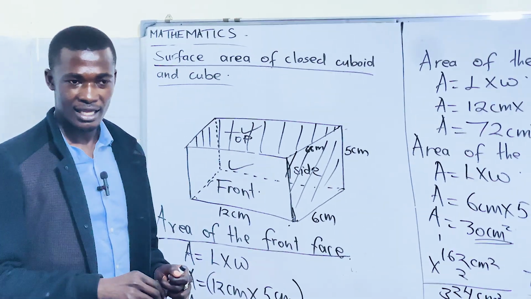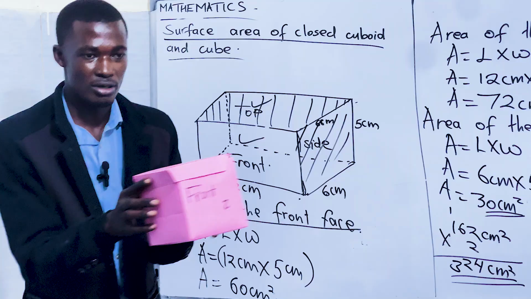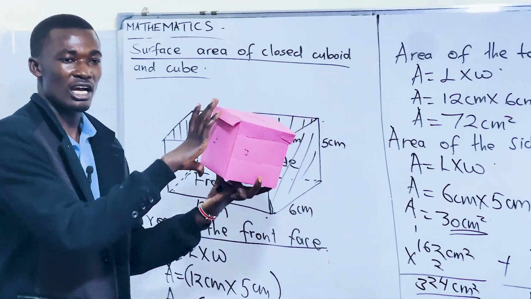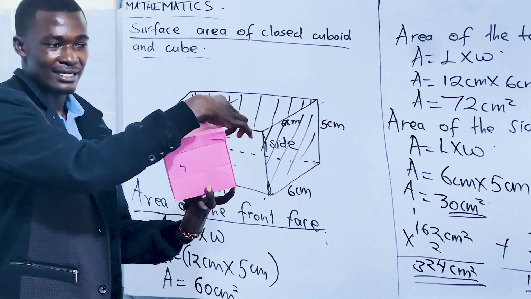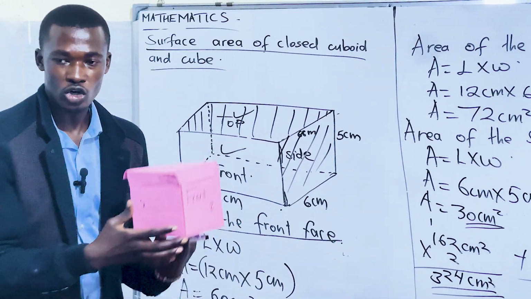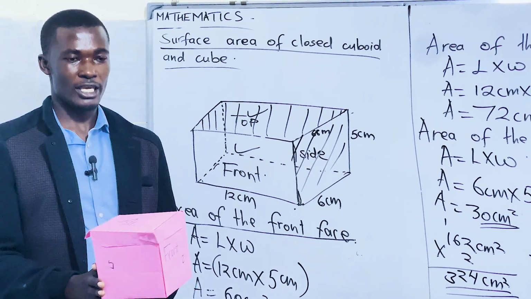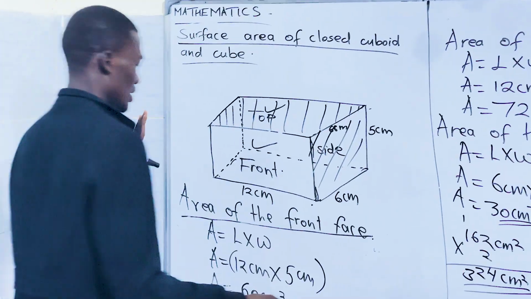Are you together? So how many faces do we have in a closed cuboid cube? 6 faces. If you work out the area of one face and you multiply by 6, you will have gotten the total surface area of that cube. Is that okay? Now I want to give you one example. You try.